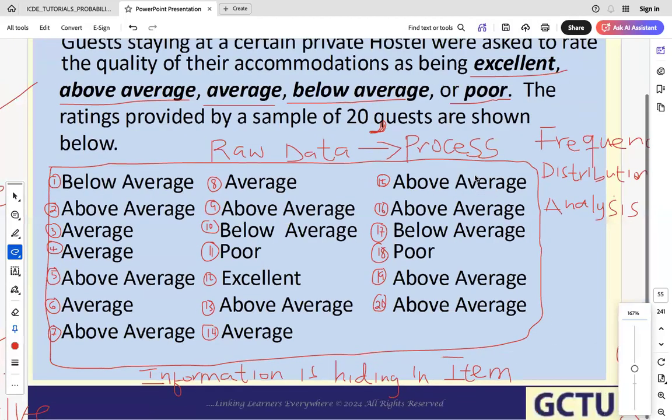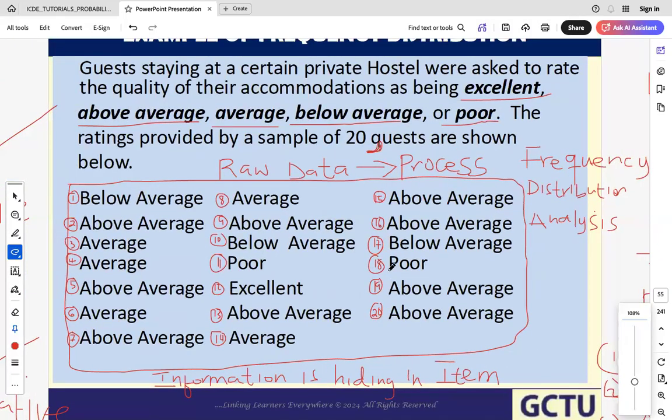So these responses from these 20 guests are forming the raw data you are seeing. They have just given us data. But you, as the manager of the facility, you are supposed to process this data in order to have information about what they are saying or telling you or recommending.